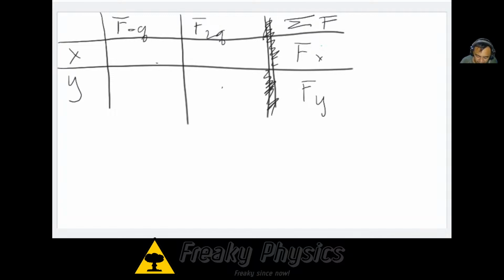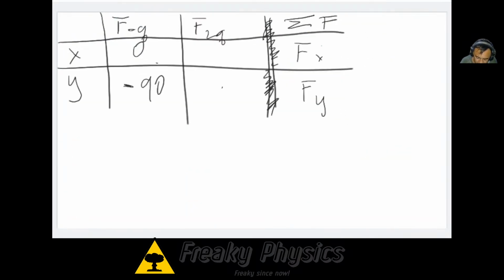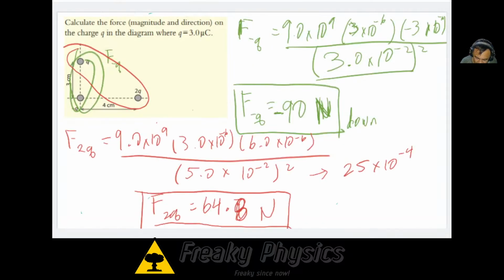In this case, this is going to be Fx, and this is going to be Fy. Now, this is 0, and we know this is downwards, so we can keep the negative sign, negative 90. Now here for 2Q, we have to take into account the direction. If we look here, this Q is going to move that way, so it's going to move up and left.